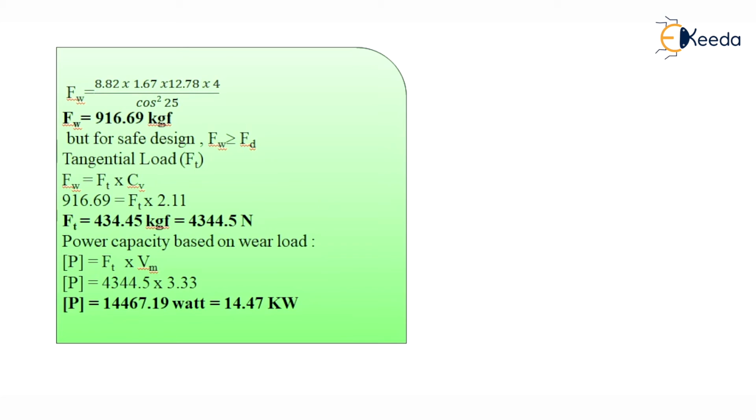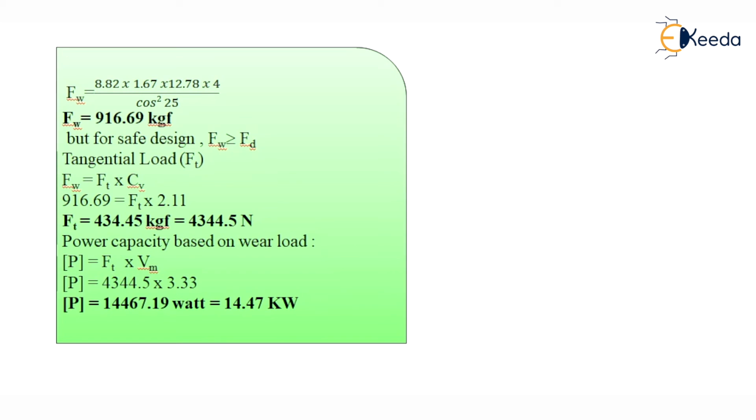So to calculate tangential load Ft, Fw is equal to Ft multiplied by Cv. We know the value of Fw is 916.69 and the value of Cv is 2.11. So from the above formula, I get the value of Ft as 434.45 kgf, that is 4344.5 Newton.